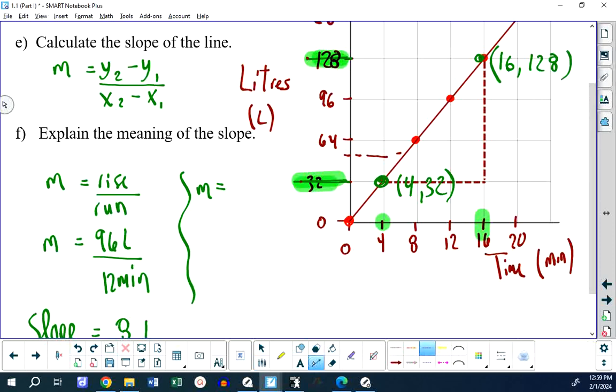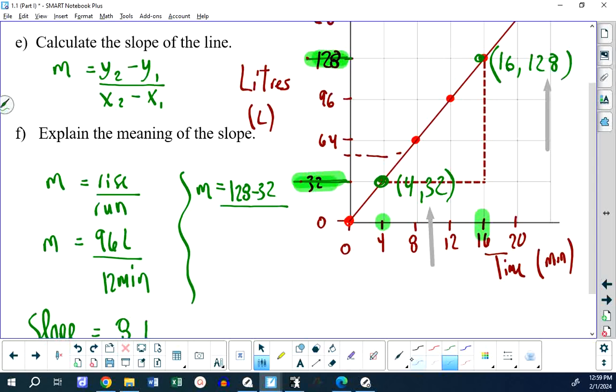On the top of your calculation, you put y minus y. Y minus y on the top. 128 minus 32. And that's in liters. I just don't have enough room to write liters.